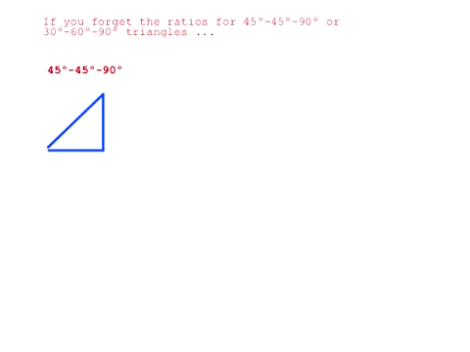then, well, for 45, 45, 90, just realize that it's the same. So you can call the two sides that are the same 1 and 1. And then you can just do the Pythagorean theorem to find the third side.